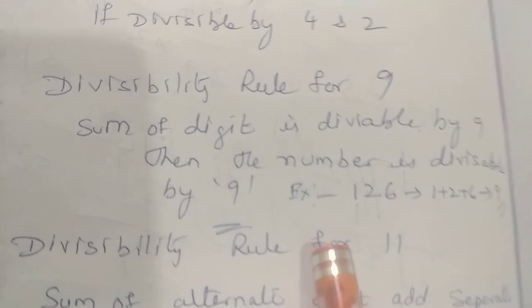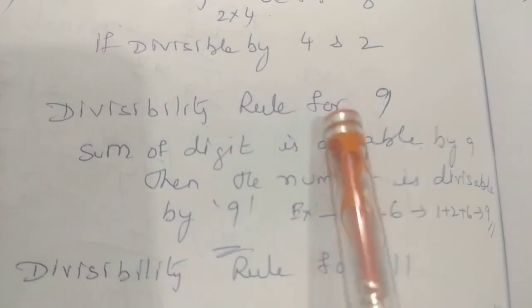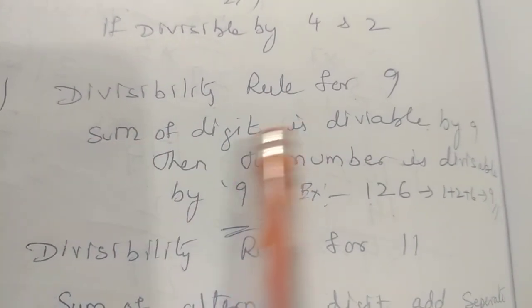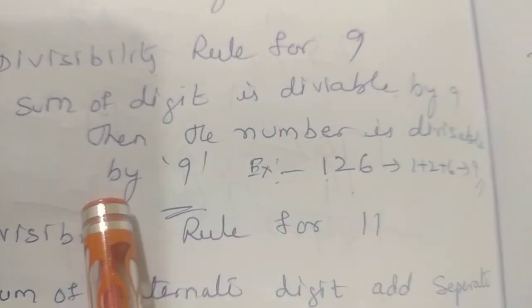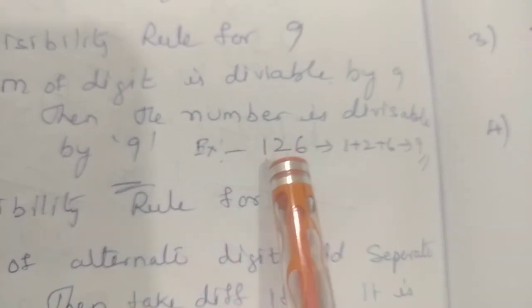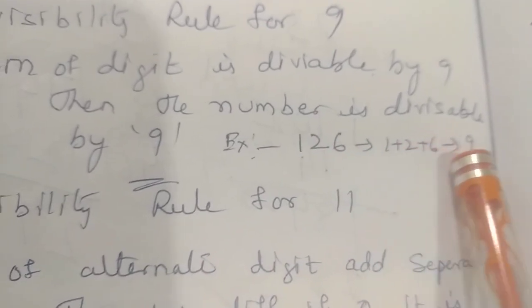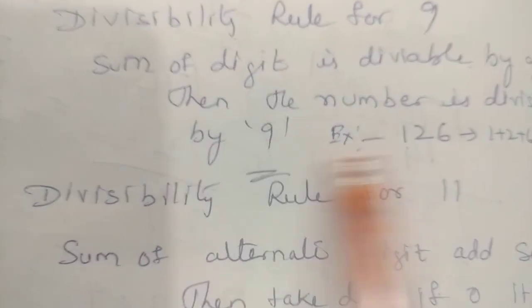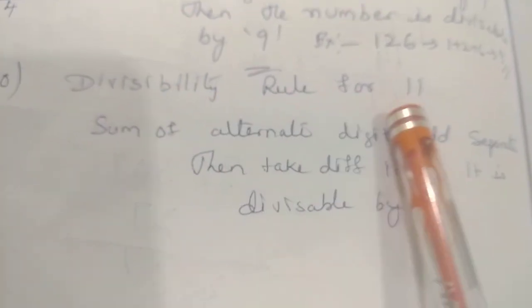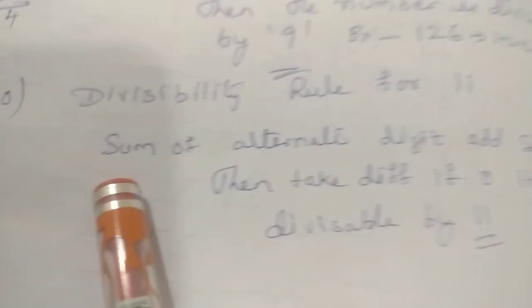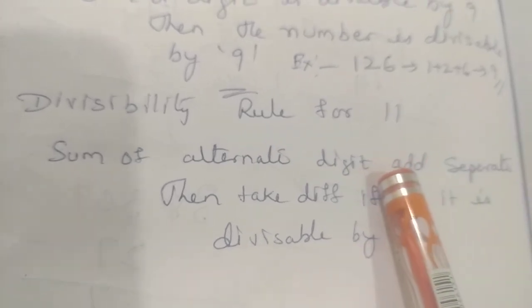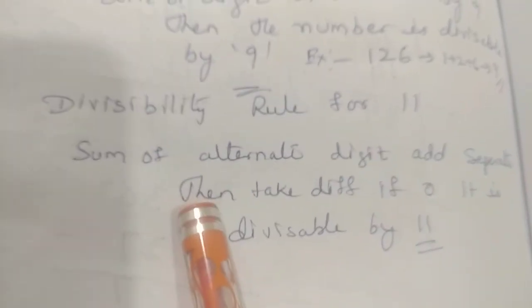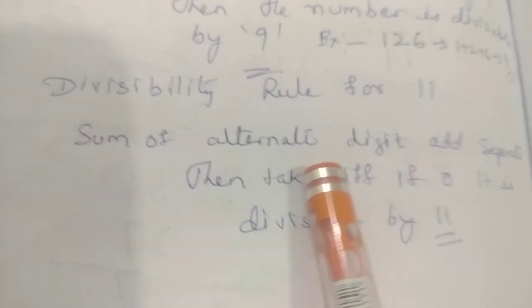These are not so important. This is the divisibility rule for 9: the same, sum of the digits, and if it is divisible by 9 then the number is divisible, like 3. For 126, 1 plus 2 plus 6 is 9, so this is divisible by 9. Now the divisibility test for 11. Add the alternate digits separately, the odd places and the even places, then take the difference.